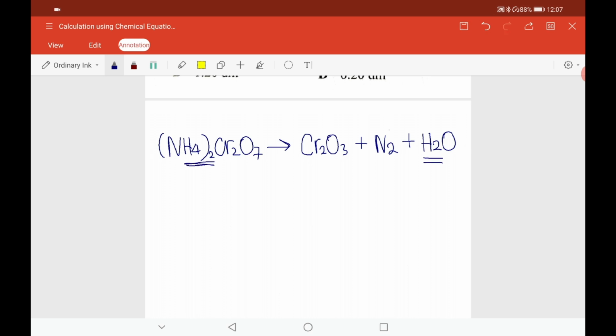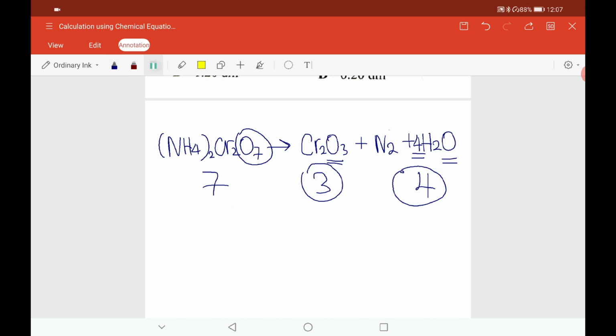Hydrogen here we have 2, so you put 4 to make it 8. The Cr here has 2 and the Cr here has 2, so it's balanced. Lastly, the oxygen: we have 7 on the left hand side. On the right hand side, here the oxygen has 3, and here the oxygen has 1 multiplied by 4 at the front, so 3 plus 4 also 7, so it's balanced.